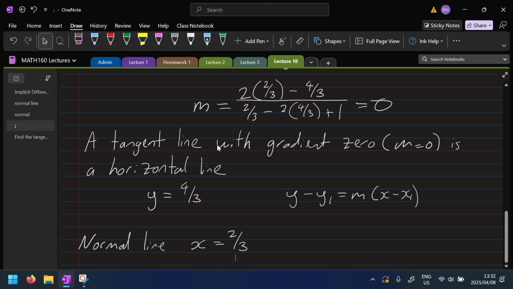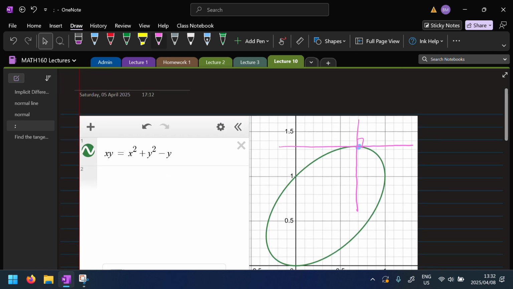Okay, so the horizontal tangent line is y equals 4/3, and the vertical normal line will be x equals 2/3. And we can fill both of those in here. The vertical normal line will be at 2/3, and the horizontal tangent line will be at 4/3.